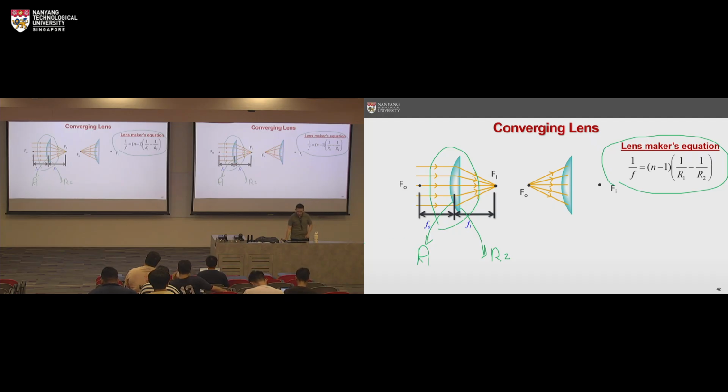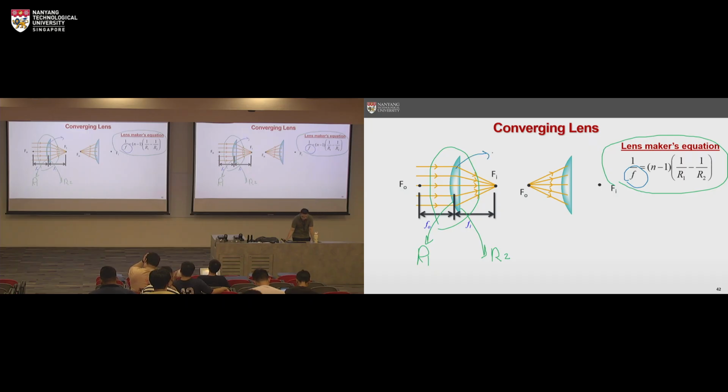The meaning of having this lens maker equation is to use it when the question is asking you to find the focal length of a lens, by providing that it is not a thin lens, so that is why the refractive index matters.